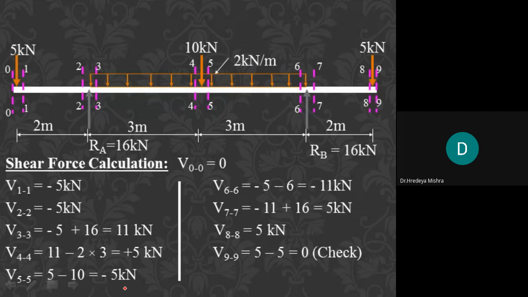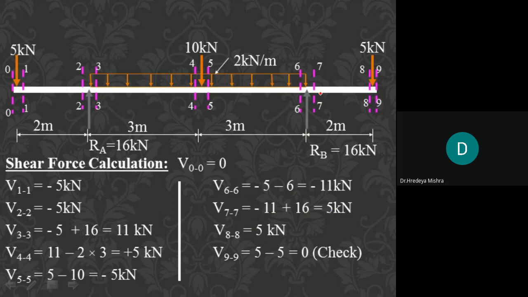From 5-5 to 6-6 there are 3 meters of UDL, so minus 5 minus 2 into 3, that is 6, gives minus 11 kilonewton. At 7-7 the upward force is applied, so minus 11 plus 16 is 5 kilonewton.